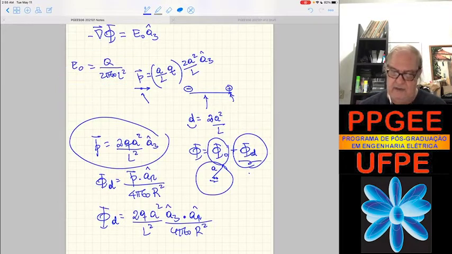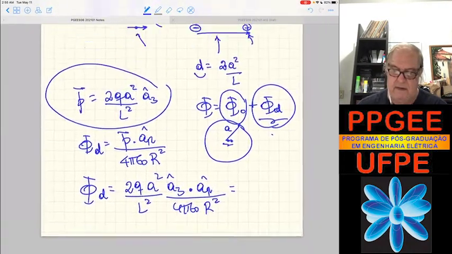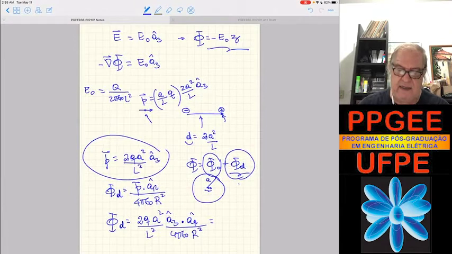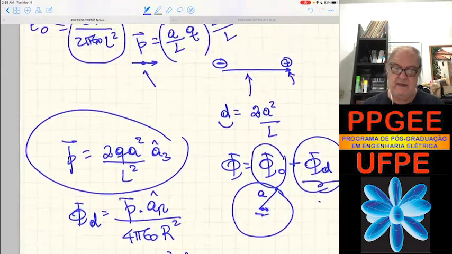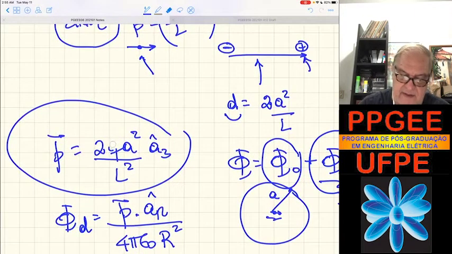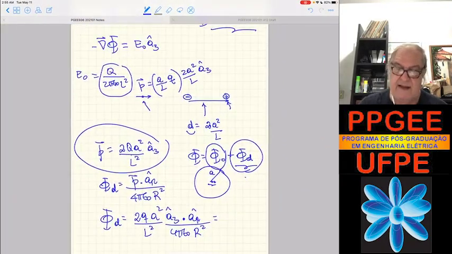You see here a squared, Q divided by 2 pi. I'm sorry, this Q is a capital Q. Sorry about that.